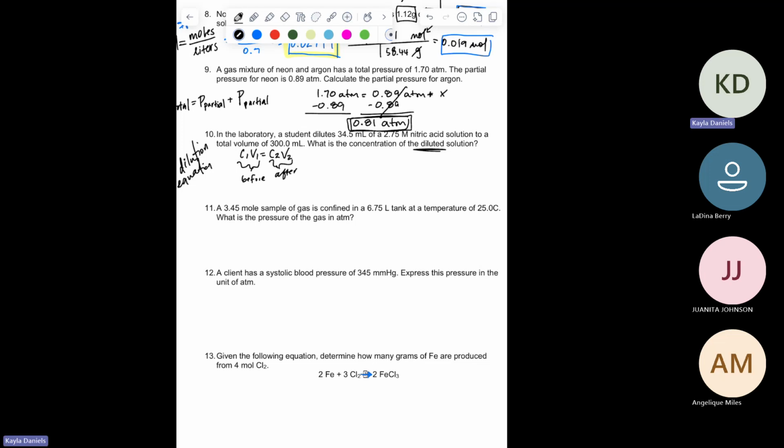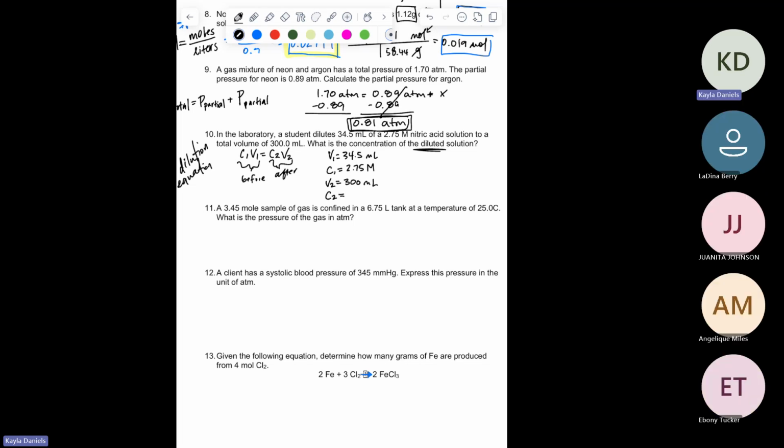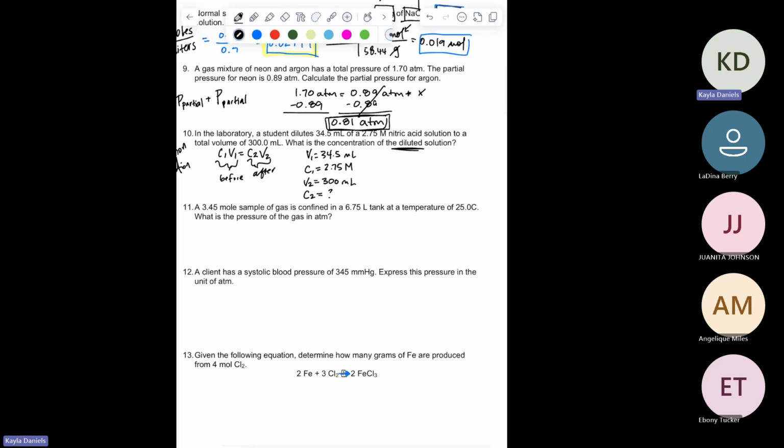All right, so they're telling us that a student dilutes 34.5 of 2.5. So to me, that's reading as volume 1 is 34.5 milliliters. Concentration 1 is 2.5. This is my before. And then they're saying my total volume, so my after basically is 300 milliliters, and they want to know what is my concentration after the dilution. All right. So I have all my variables but one. All right, so it's time to plug them in.